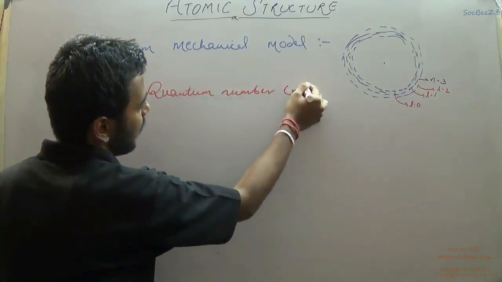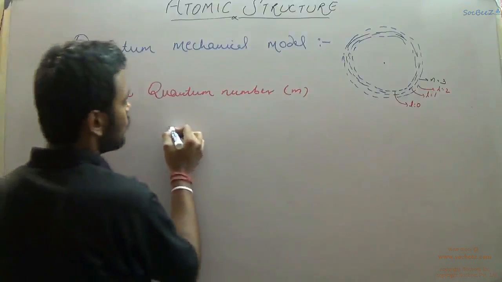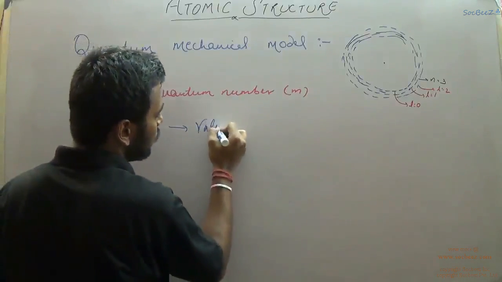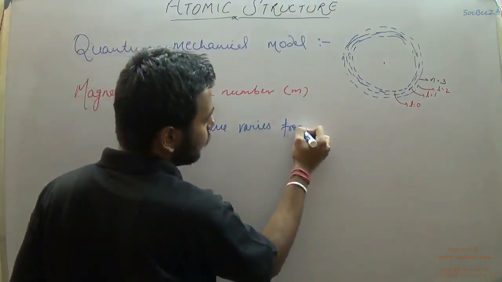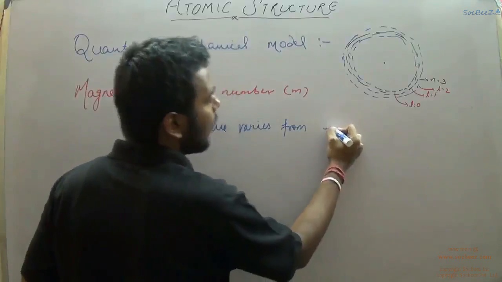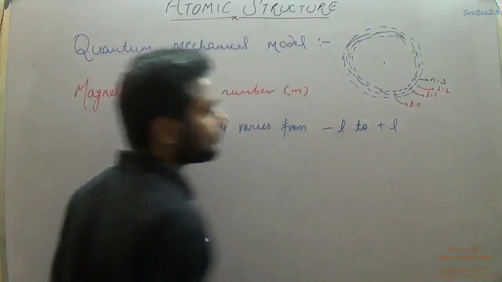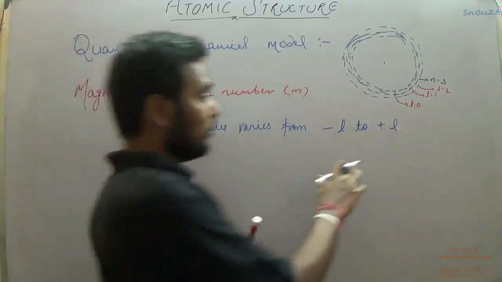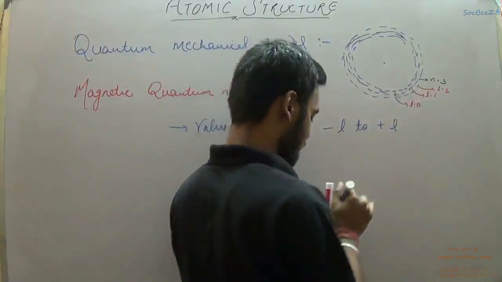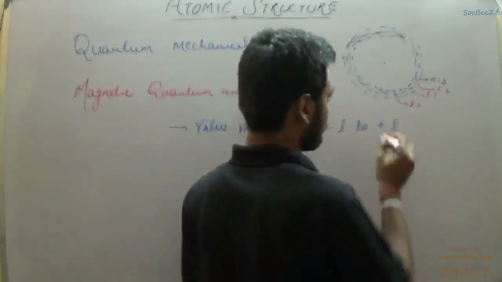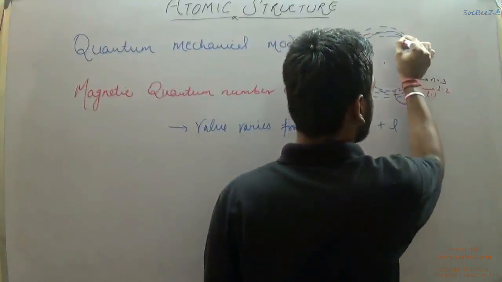It is represented by M, and its value varies from minus L to plus L. Now, in this particular L as well, there are various levels or orbitals of the same energy.